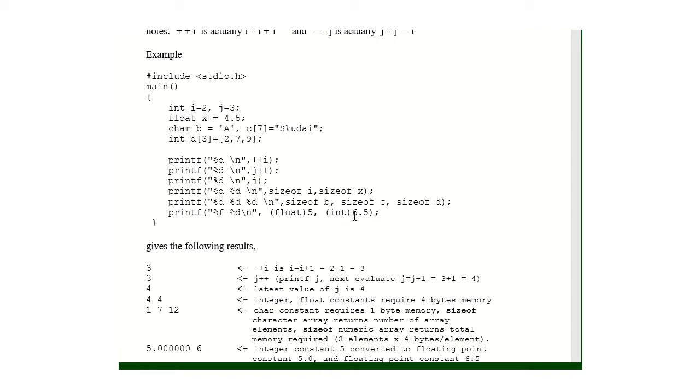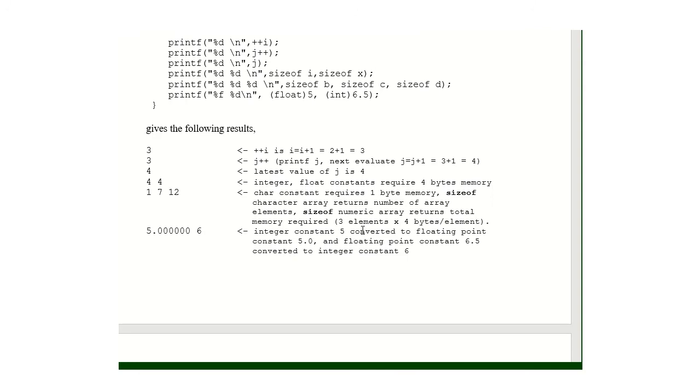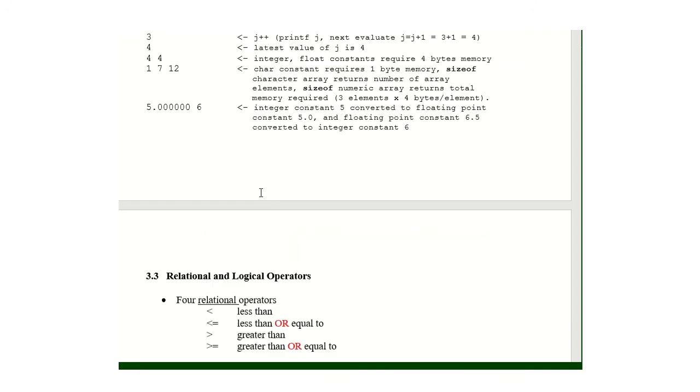So 6.5 converted to an integer constant, we get 6. And of course, you must use the correct format. Integer, %d. Of course, the result here is float, %f. Details on the formatting will come in the next chapter.